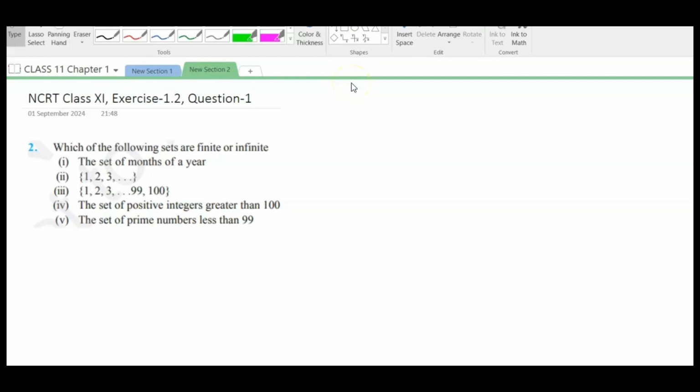Okay, let's see the next question. In the next question, we need to tell which of the following sets are finite or infinite. So the set would be finite if either it is an empty set or contains a finite number of elements.